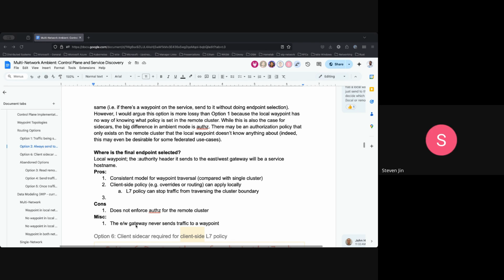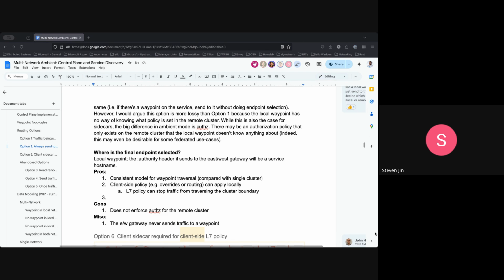Just for the people who are a little confused, mainly me. So the problem here is that if we want to enforce authorization policy, then that can't be done by the ztunnel, and then we have to kick that off to somebody else.